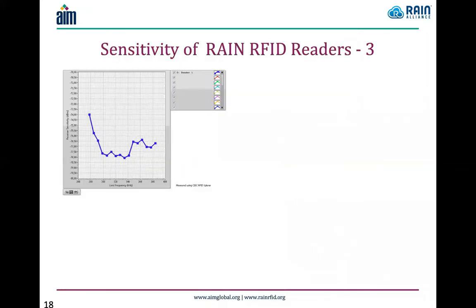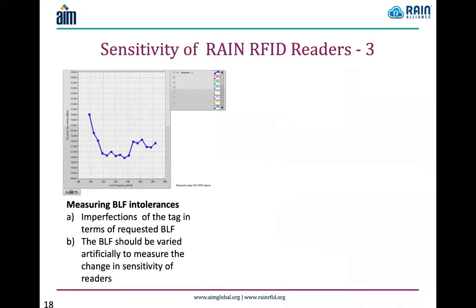Okay, so the next factor that I have considered here is the backlink frequency. We are aware that an RFID system is a non-synchronous system. The tag has its own oscillator, and therefore the backlink frequency of the tag sent would be different than that requested by the reader. So there may be a misalignment between what the reader expects and what the tag sends out.